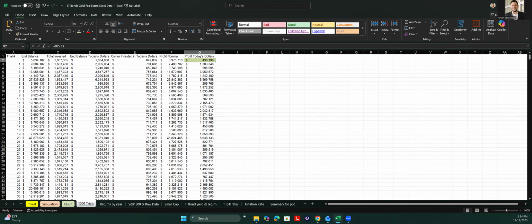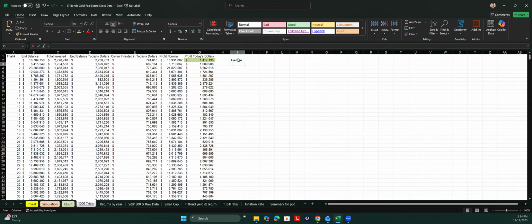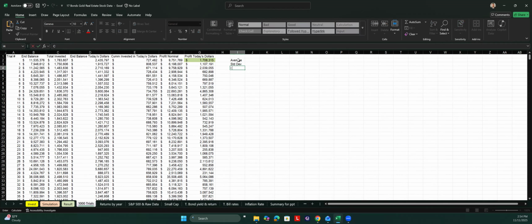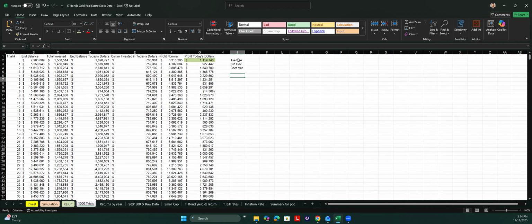So now what I would like to do is calculate the average of this column G. We'll calculate the standard deviation. I would like to calculate the coefficient of variation. And I would like to calculate the probability of beating the inflation, or maybe not beating the inflation.